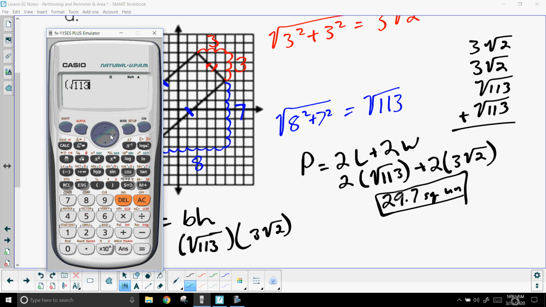Let's just get the decimal. In this case, I'm going to round to the tenths place, so 45.1 square units.